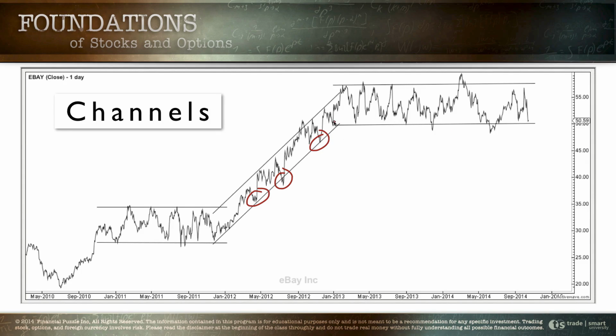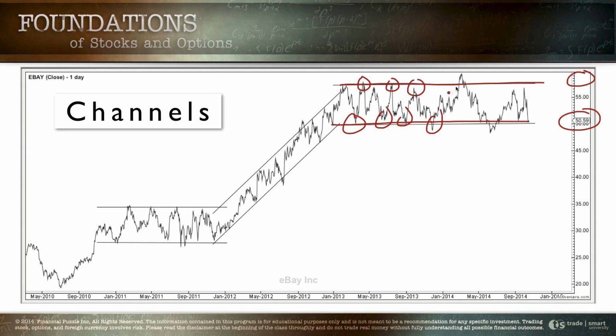Now notice what happened starting in January of 2013. We got yet into another sideways move. This time the move was moving between about $50 to $51 a share up to about $58 to $59 a share. So you've got about maybe $6 or $7 profit depending on exactly where you get in and out. And we've got several opportunities here that were fairly easy to get into and out of.